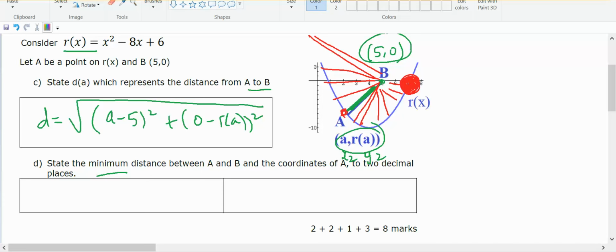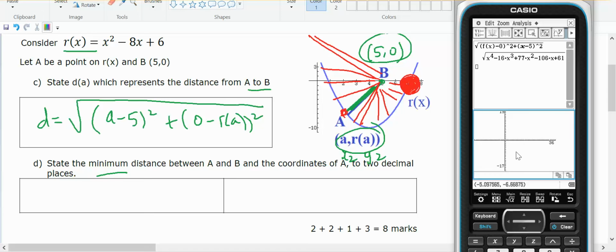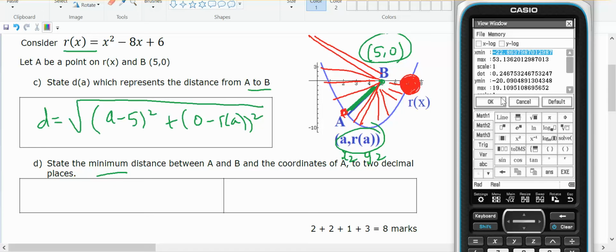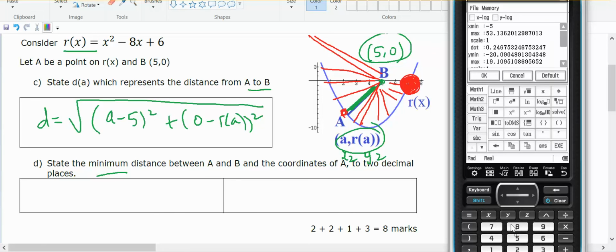I can find it a couple of ways. I can graph between 0 and 10, let's say negative 5 through to 12.